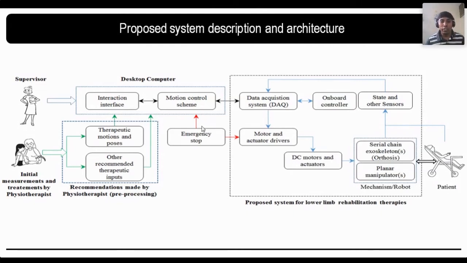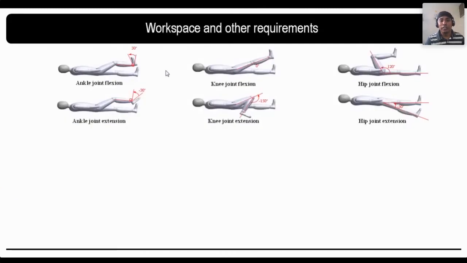Now what we are focusing on in this proposed system is the mechanized or mechanical system. And then it would be 0 degrees, which is completely stretched, and then completely extended is minus 150, and the hip would be plus 122 minus 30.